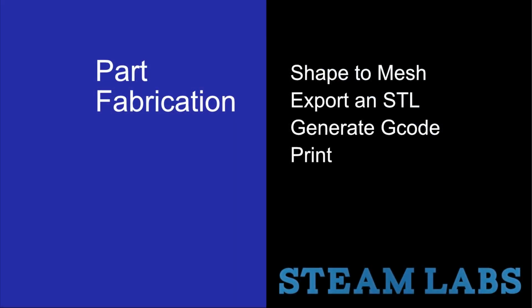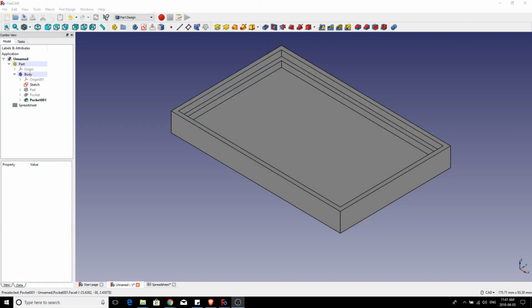So let's do it. Okay guys, this is exciting. We've finished up our first parametric model in FreeCAD, and now we're ready to output it into an STL. So how do we do that? Well, there's a couple of ways you can go.